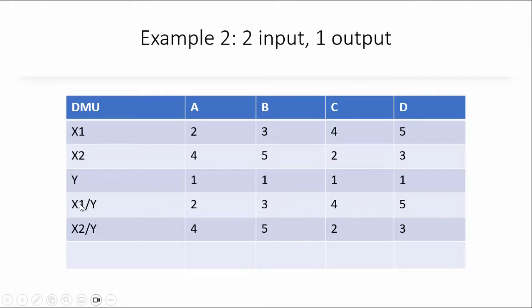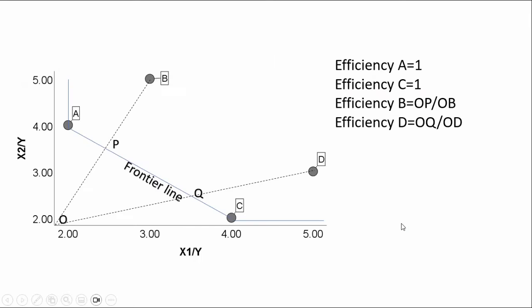And this is the calculation: X1 divided by Y, X2 divided by Y. And this is the graph, and we get the frontier line. A and C are efficient DMUs, B and D are inefficient DMUs.